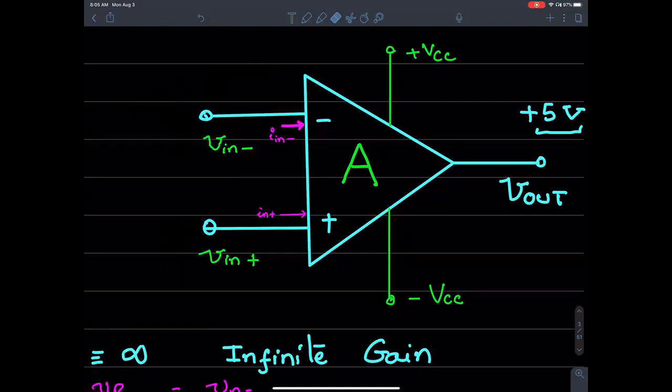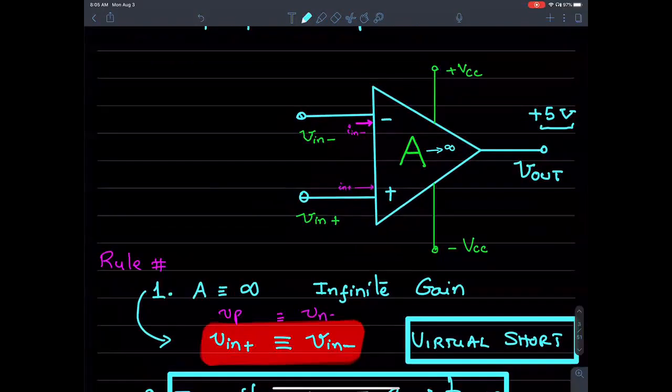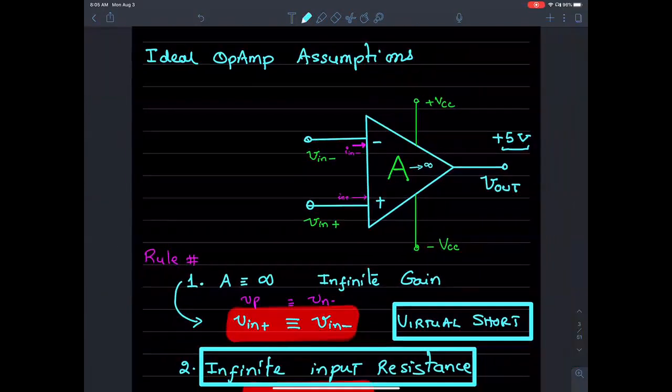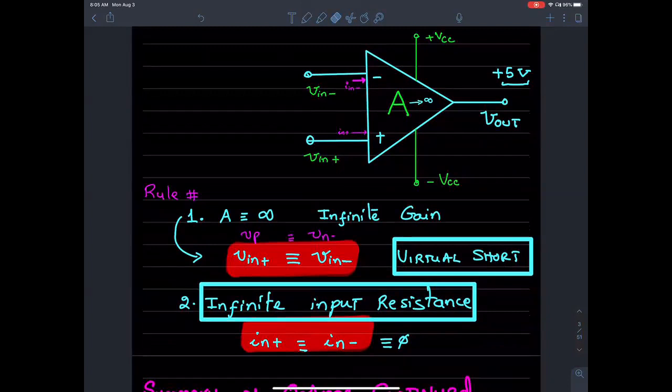This happens because the open loop gain tends to be a really large number, tens of kilo, 10 to the 4, 10 to the 5, hundreds of thousands, 100,000. That kind of large number necessitates that the input voltage difference be extremely small. The output voltage has to be finite.